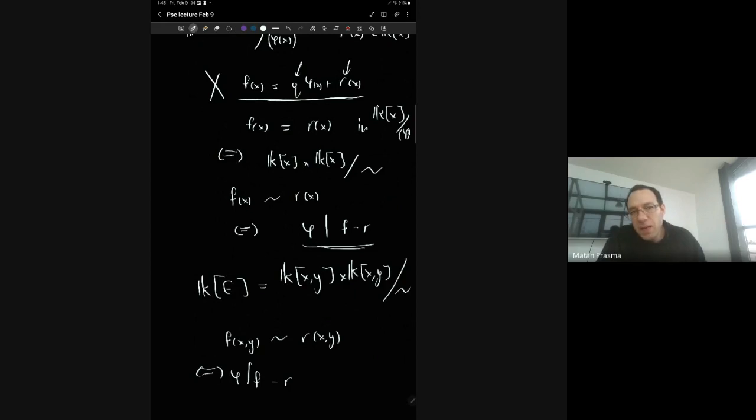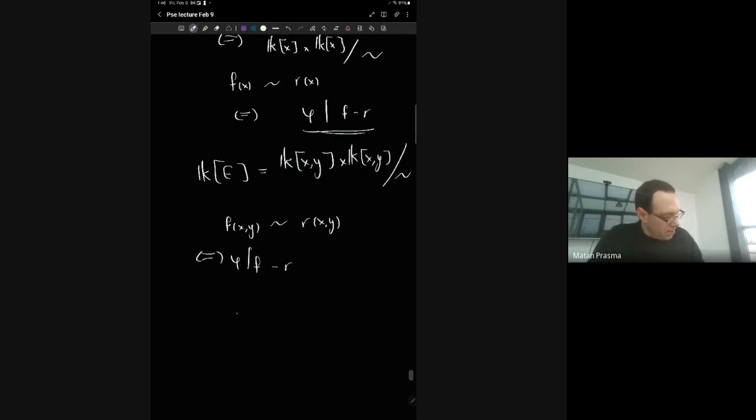And divisibility is a notion that does apply for polynomials in two variables, right? You can say, for example, that x minus y divides (x minus y) times (x plus y).